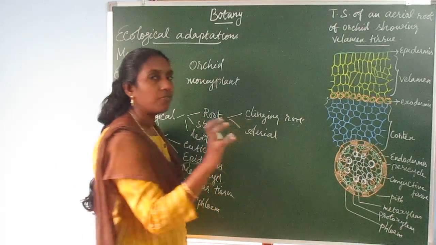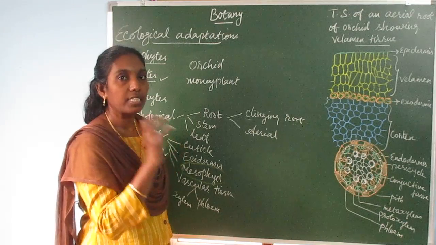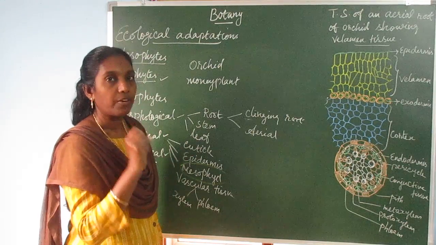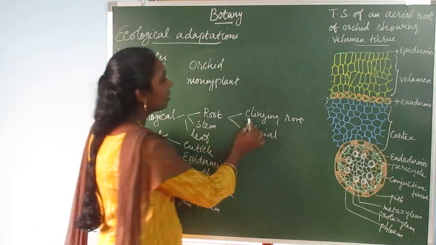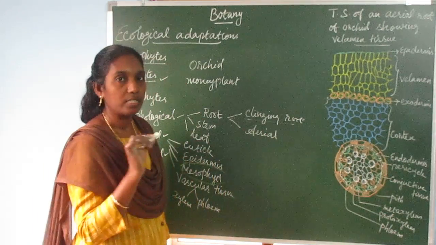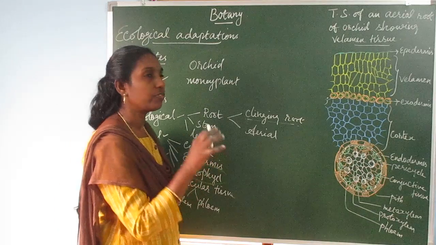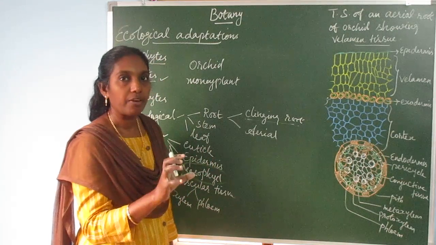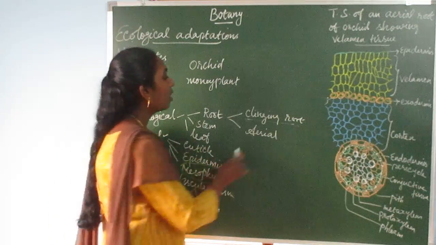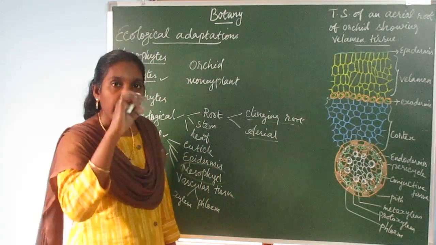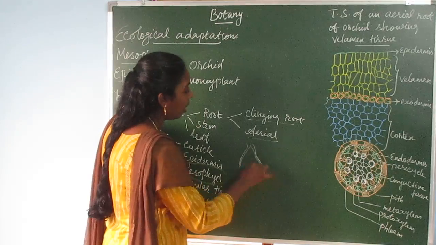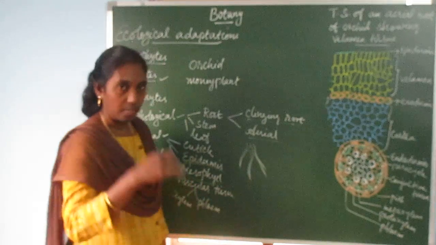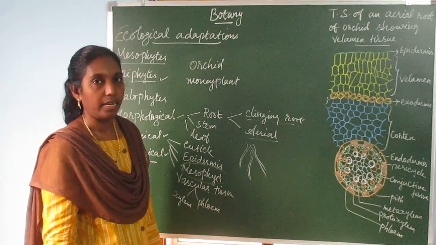Clinging roots are just to fix the epiphyte strongly or firmly, so it needs this clinging root. So the function of the clinging root is to fix the epiphyte to the supporting plant. Aerial roots. There are aerial roots. These roots are green-colored roots which just hang down in the air.